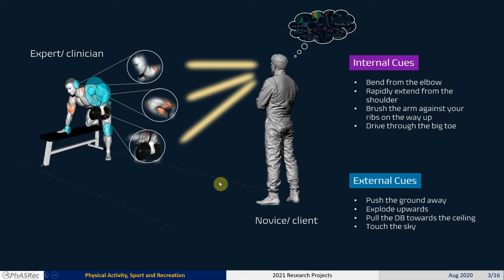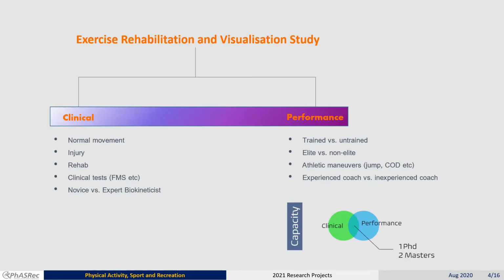So we need various ways in which to quantify that. And then what we can do is we can use various cues, such as either internal cues or external cues, in order to direct them more effectively so that the discrepancy between expert and novice or clinician and client is much more accurate to minimize any potential risk of injury or to increase the effectiveness of the movement.